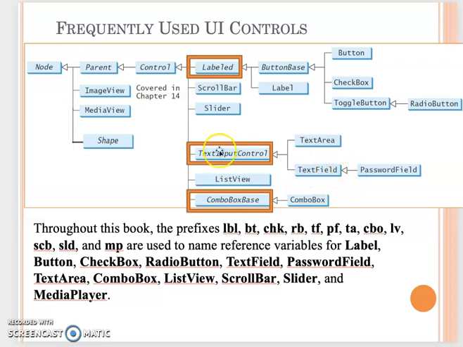The text field is inherited from the text input control. You can have a text field for the user ID, but also you can have the password field, which displays what the user enters as asterisks. And the last one, we will talk about the combo box.